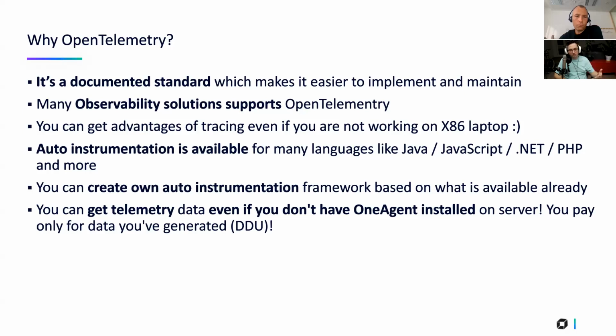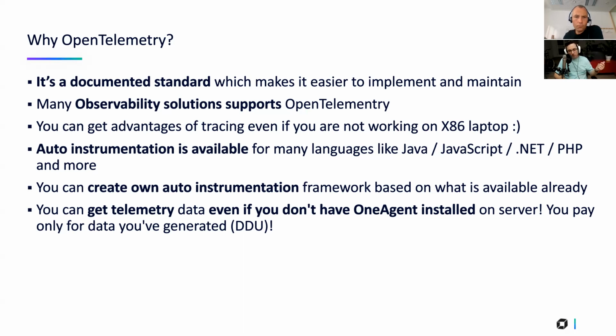But sometimes we have a situation where we cannot install the agent, and using OpenTelemetry can be really great, because you will see the traces in a similar way, with similar quality of data, but you will not need to install the agent itself.